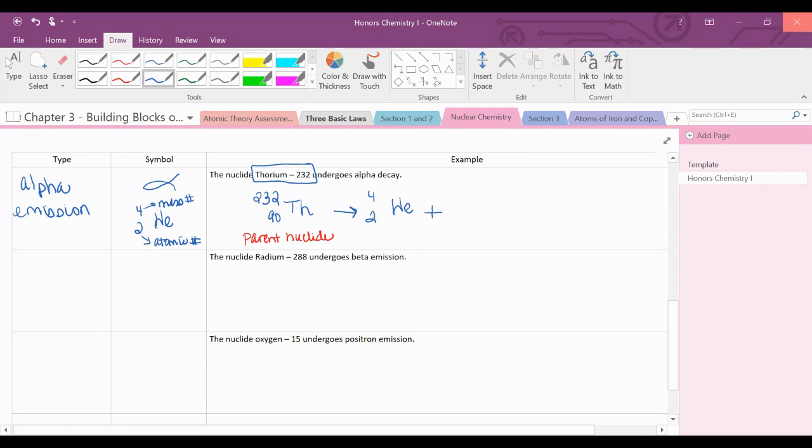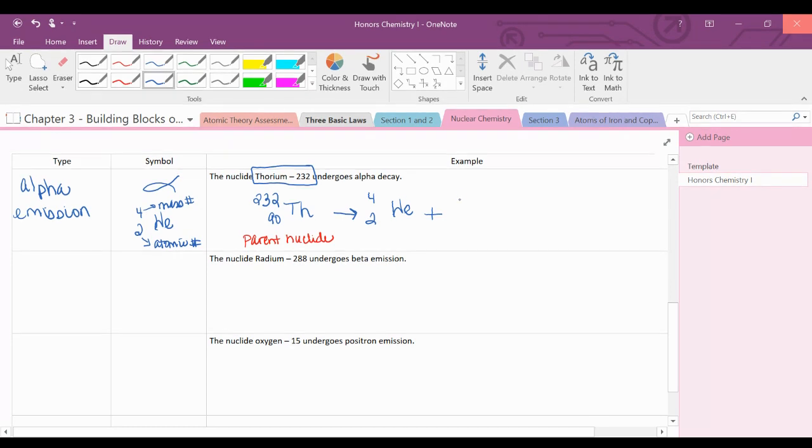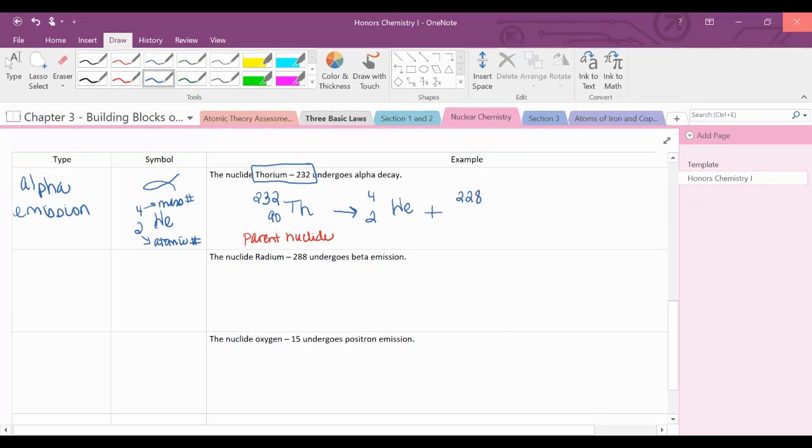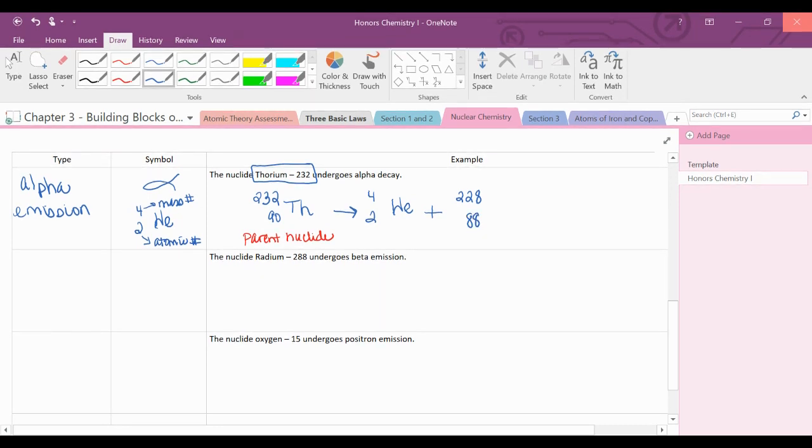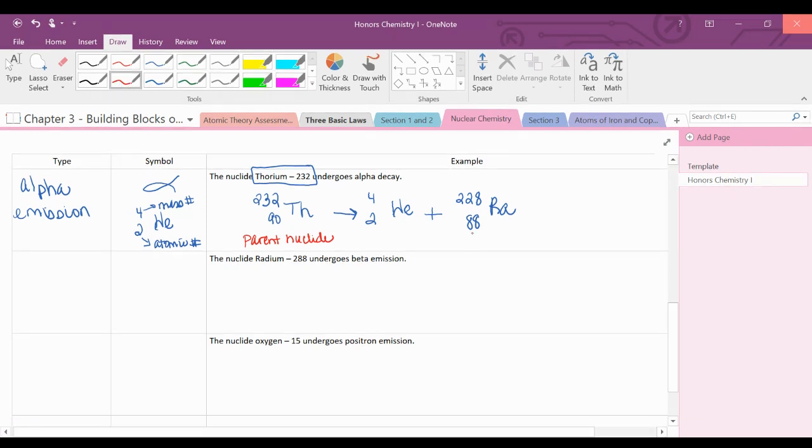So 232 minus 4 is 228. We can do the same thing with the atomic number: 90 minus 2 gives me 88. Then we're going to go to the periodic table and find atomic number 88, and write the symbol for that element, which is Ra. Now, this new nucleus that's produced here is known as the daughter nuclide.